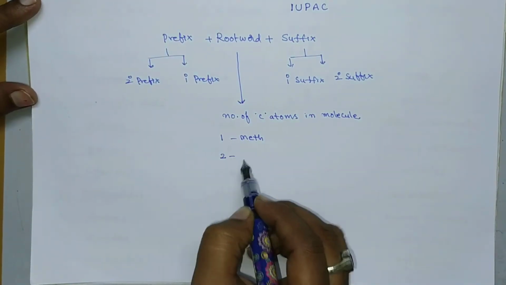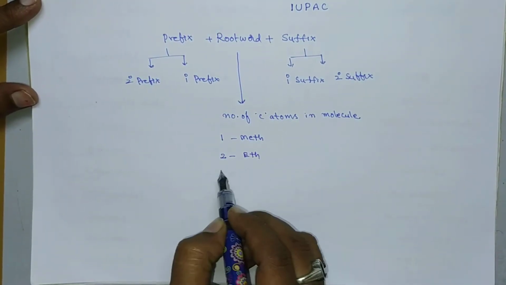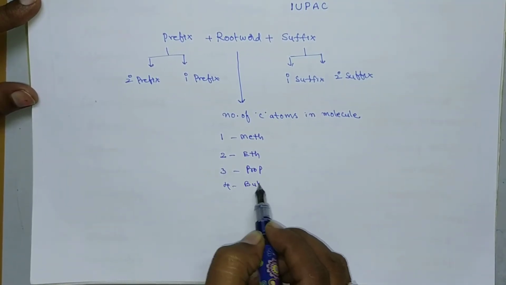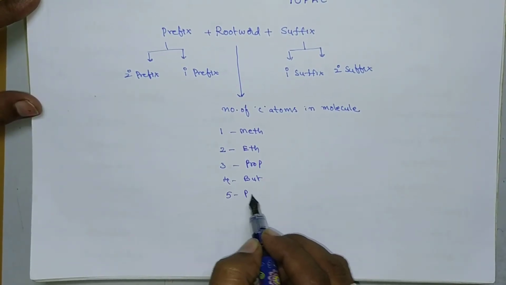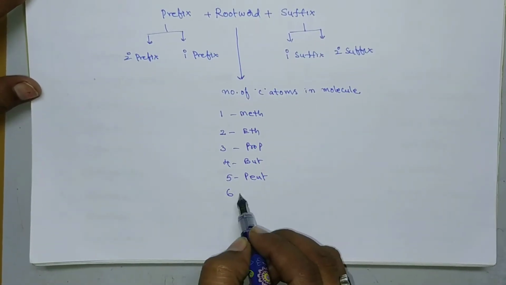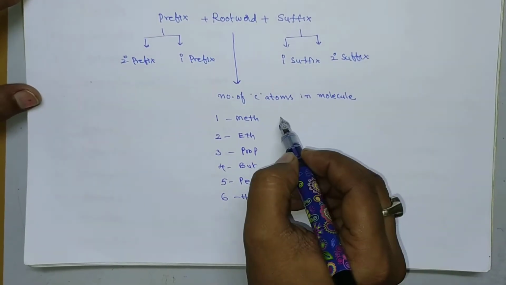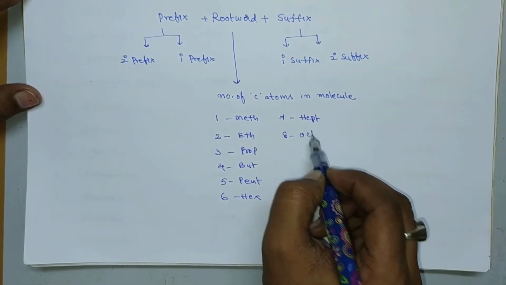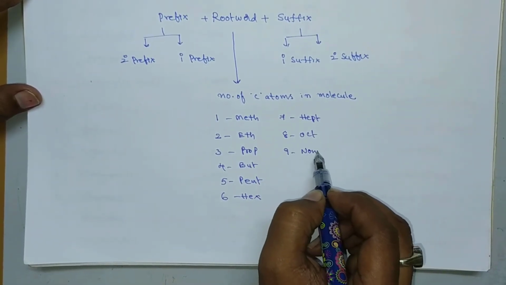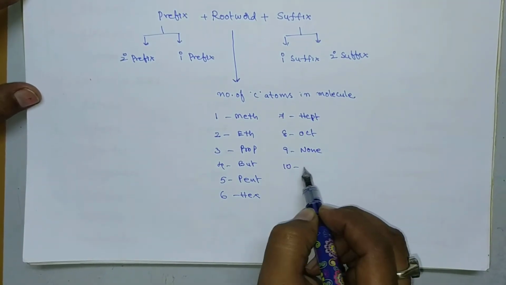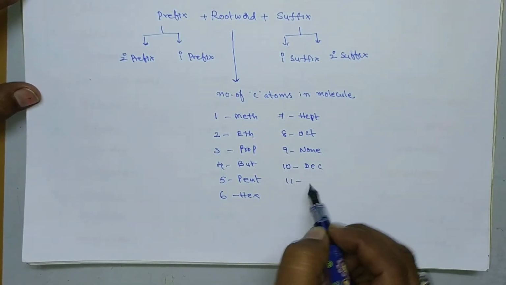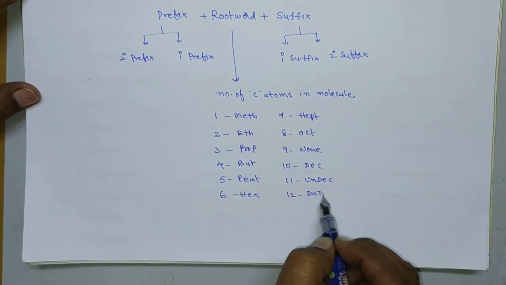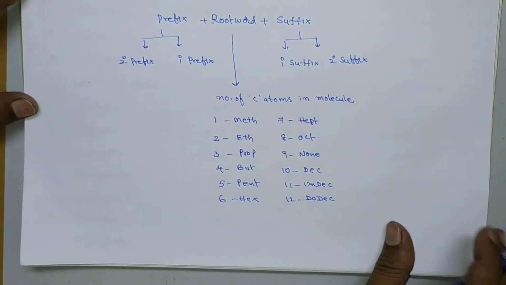If it consists of 2 carbon atoms, we write eth. 3 means prop, 4 means but, 5 means pent, 6 means hex, 7 means hept, 8 oct, 9 non, 10 dec, 11 undec, 12 dodec. Likewise we have to fix the root word.